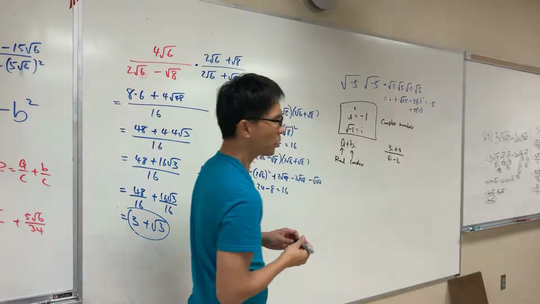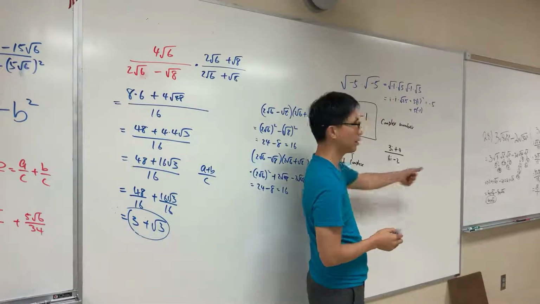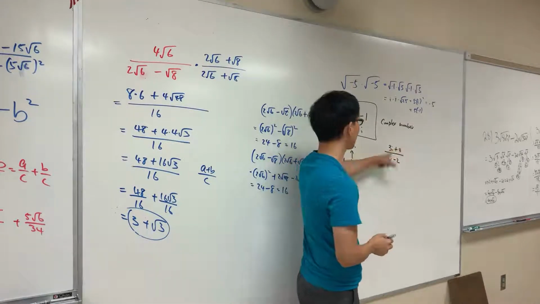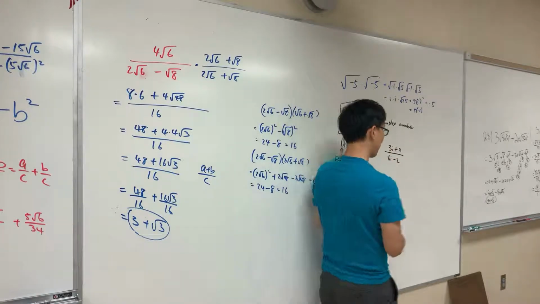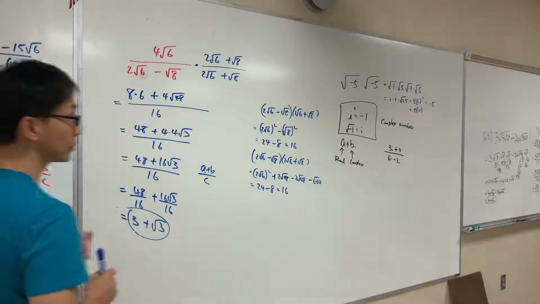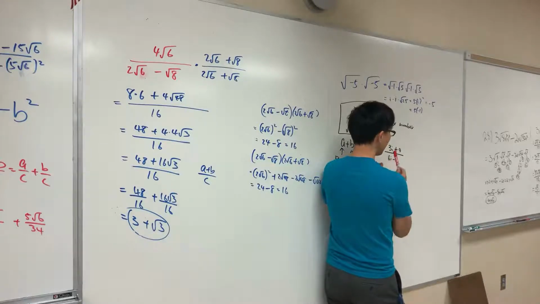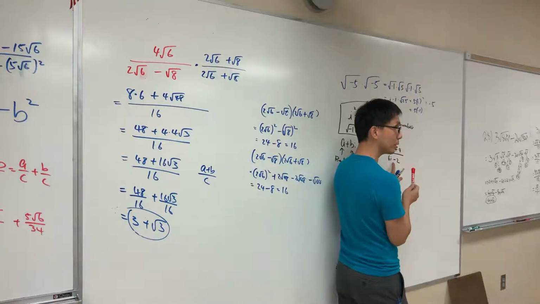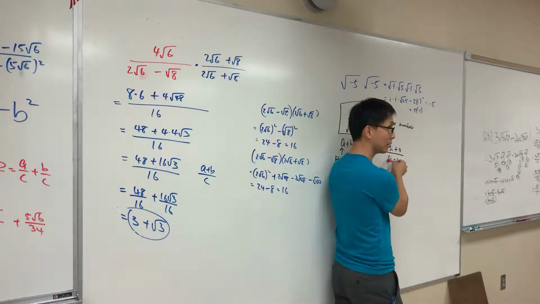So what's wrong with that? What I'm trying to say is, what is i? Square root of negative 1. Do I have a radical on the denominator? Yeah, I did.